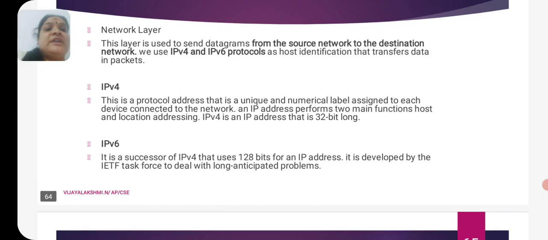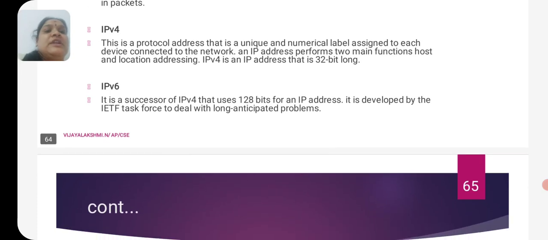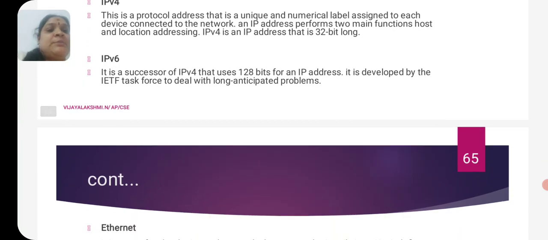And the next is the network layer. I don't want to explain the network layer in a detailed manner. We already saw Internet Protocol version 4 and IP version 6, and we know the difference: IPv4 uses a 32-bit address and IPv6 uses a 128-bit IP address.